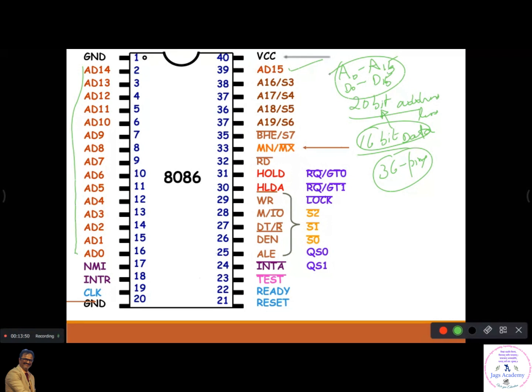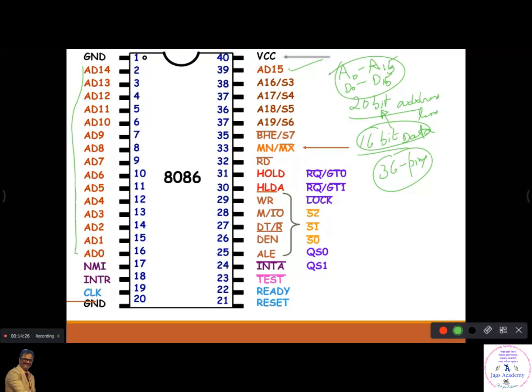We will see which signal makes AD0 to AD15 work as an address line, and at which time which signal makes it a data line. One signal makes it address, another signal makes it data. We will see that, but for now what you need to understand is that only one pin is assigned for both address and data.